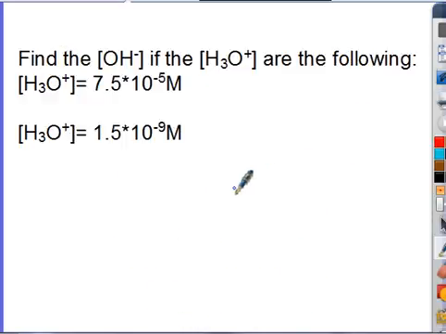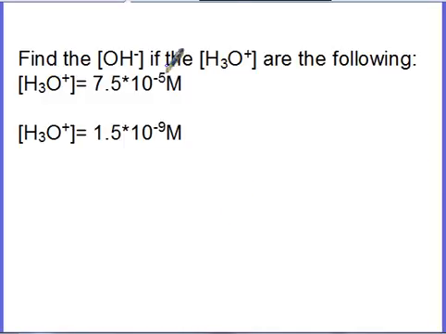Okay, here are two practice problems for us. What I want you to do is find the OH, the concentration of the hydroxide, if the hydronium concentrations are as follows. So if you want to practice this, go ahead and pause the video right here. Work these two out.